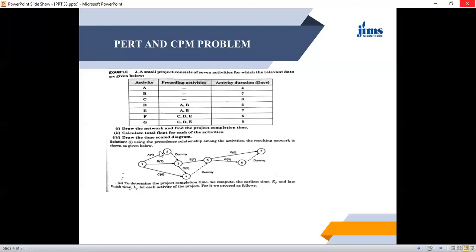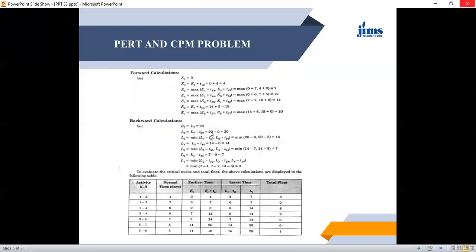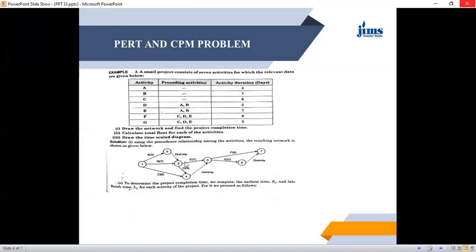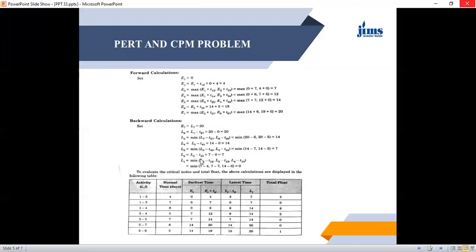So the maximum of 1 2 plus 2 3 or 1 3 plus 3 4. So here E5 is equal to E3 plus T35 plus E4 plus T57, 7 plus 7, 14 or 12. So this is 14. You see here 7 plus 7, 14, and otherwise it is 4 plus 7, 11. So this will be 14 days.